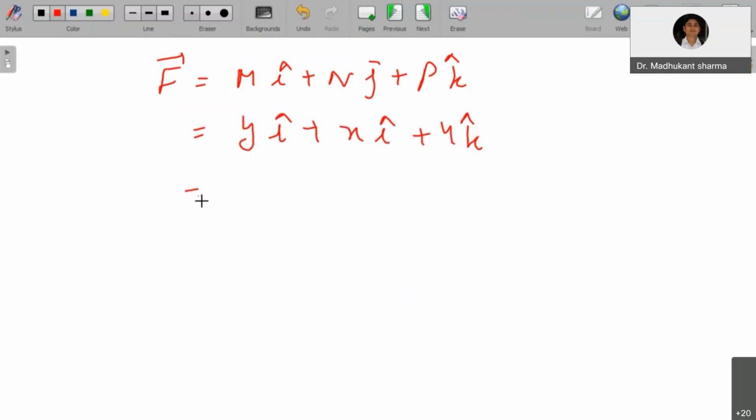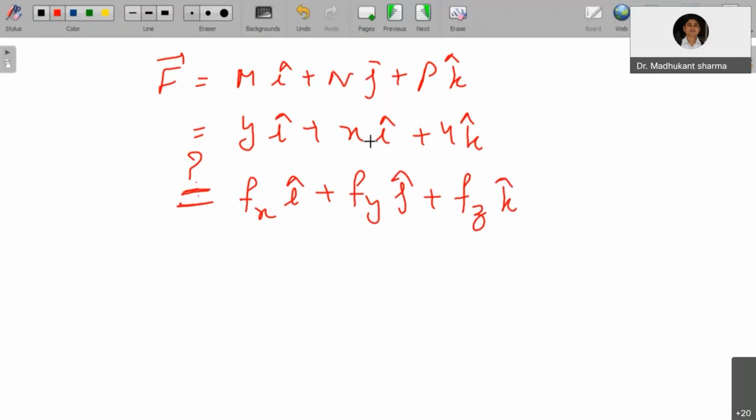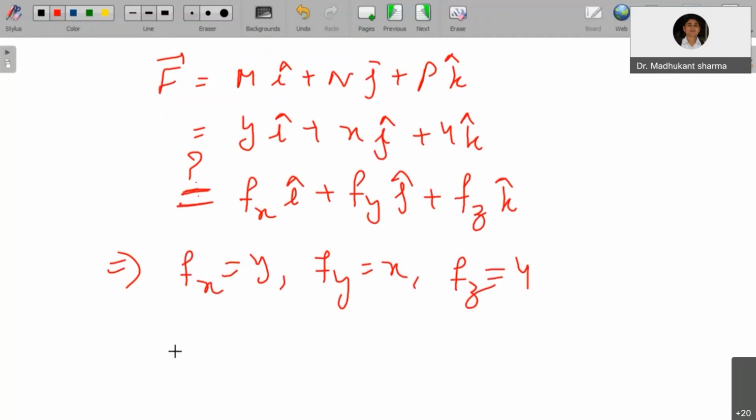We are supposed to find an f such that this equals fx i plus fy j plus fz k. So this implies fx equals y, fy equals x, fz equals 4.